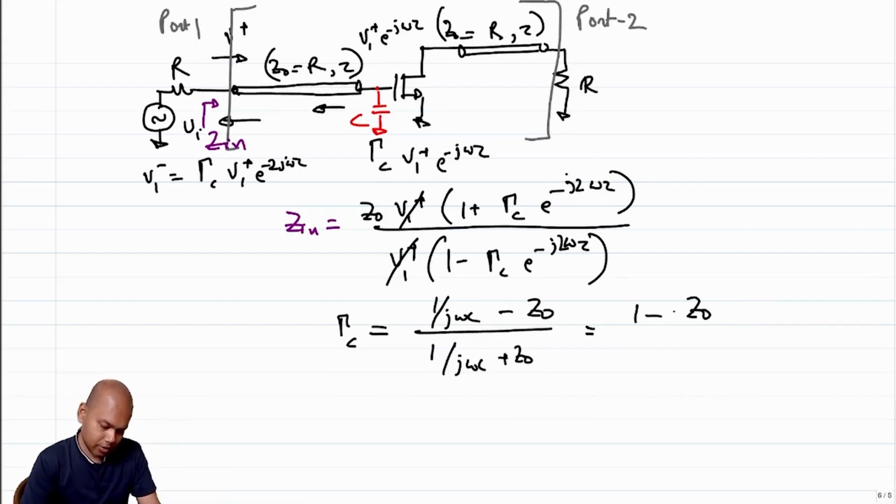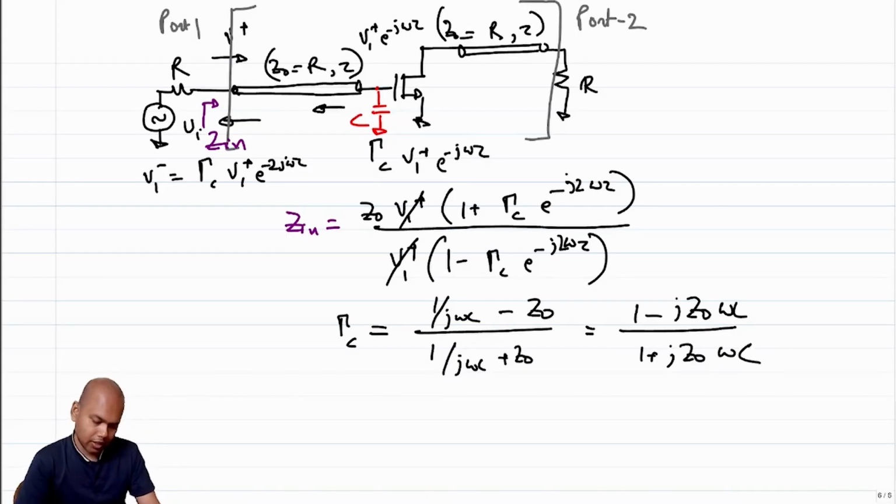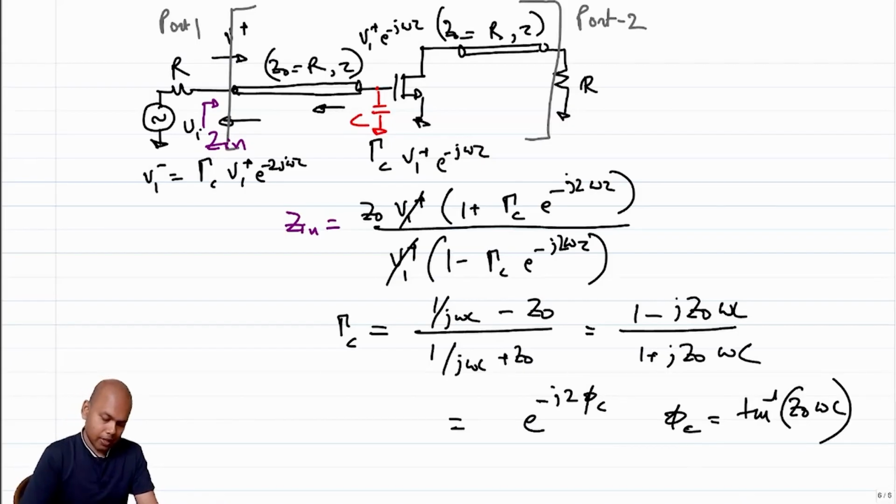Now note that the magnitude of this quantity is equal to 1, but it will have a phase, so I can simply write it as e to the power minus j2φ_c, where φ_c is equal to tan inverse of Z0ωC. So this is your gamma c.